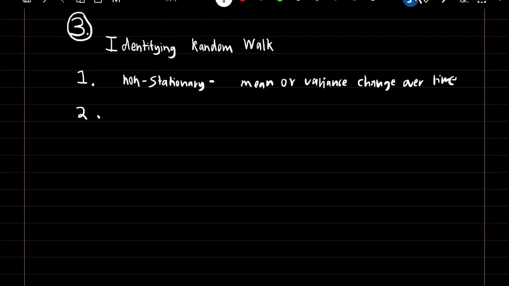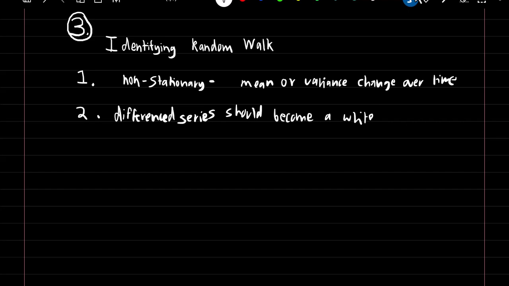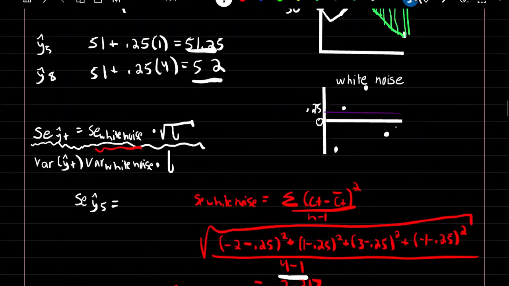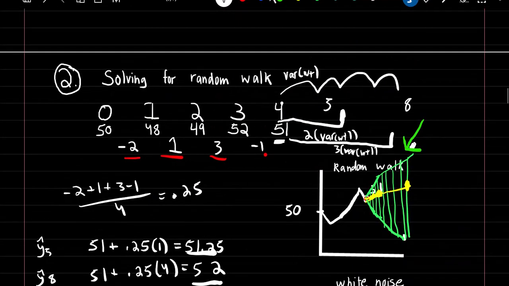Okay, the second check is that our difference series should become a white noise. Our difference series above is just going to be these 4 values we created.